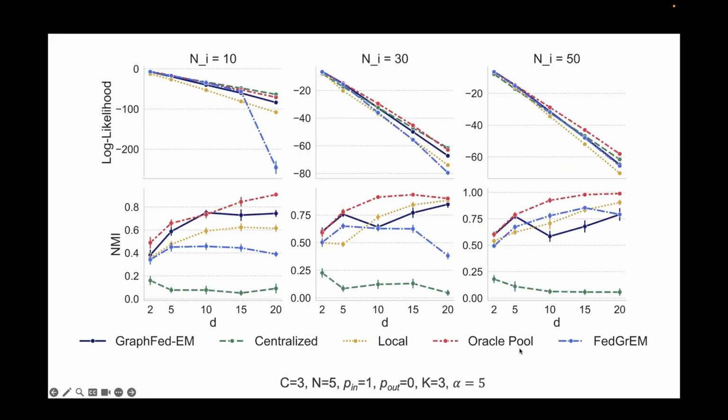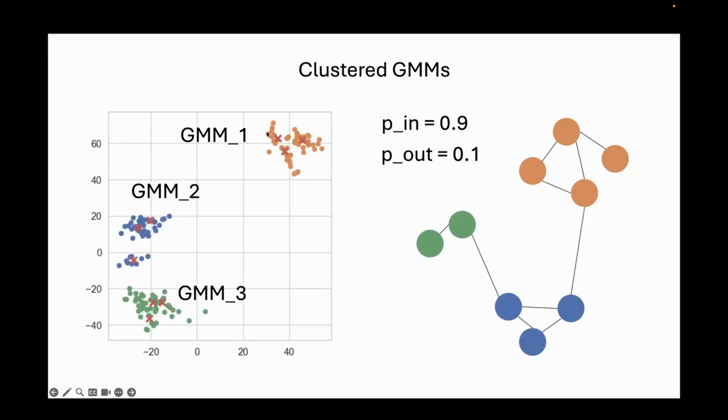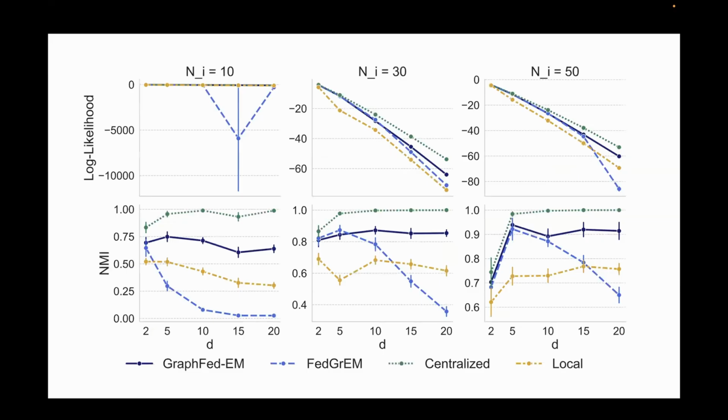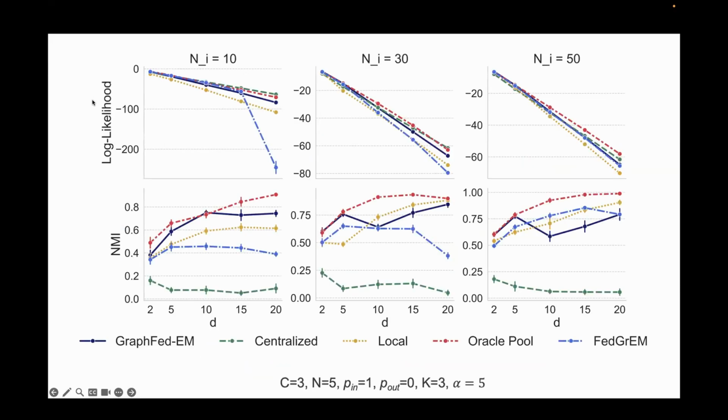It's just a GMM fitted for each of these mixture models separately. So this is kind of an upper bound on the performance of all these algorithms. And then we can see that training locally is somewhat below our algorithm, but better than centralized.